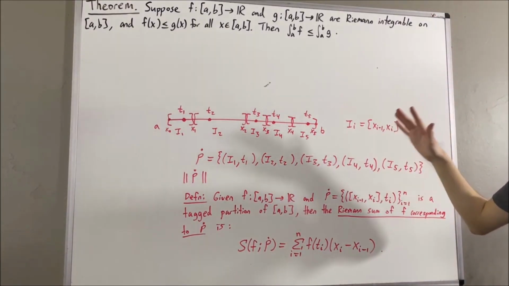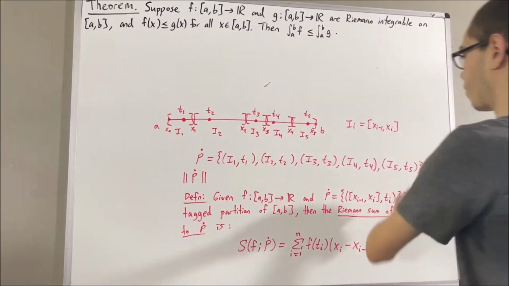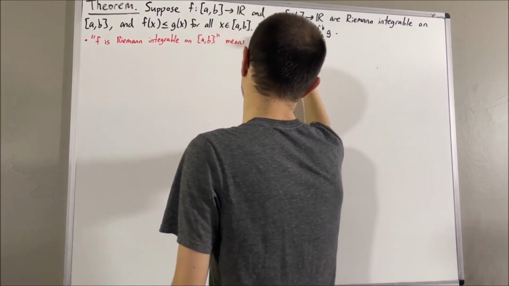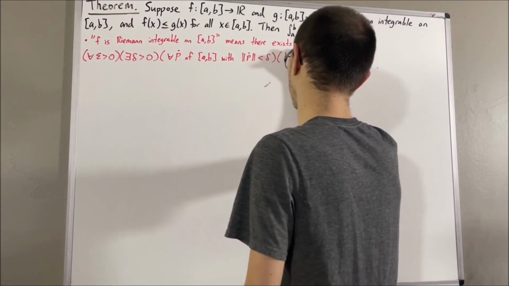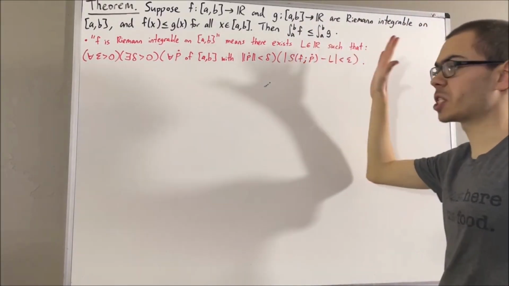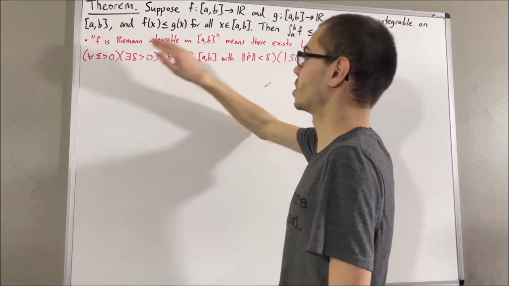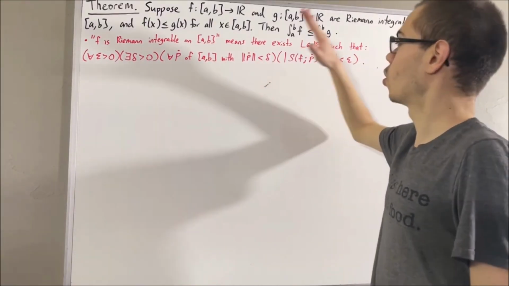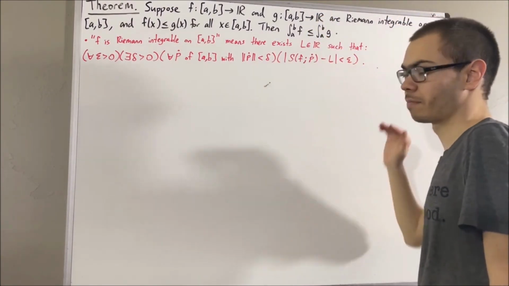By definition, to say that f is Riemann integrable on [a, b] means the following. It means that there exists a real number L such that for every epsilon greater than 0, there exists a delta greater than 0, such that for all tagged partitions of [a, b] whose norm is less than delta, we have that the absolute value of the Riemann sum minus L is less than epsilon.